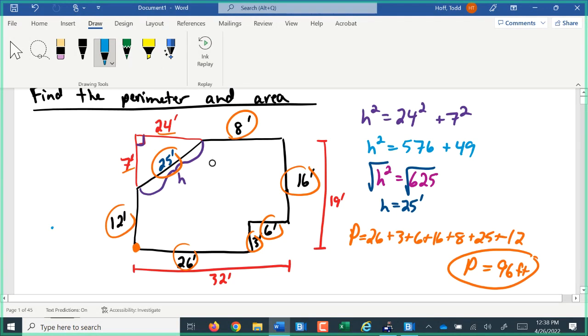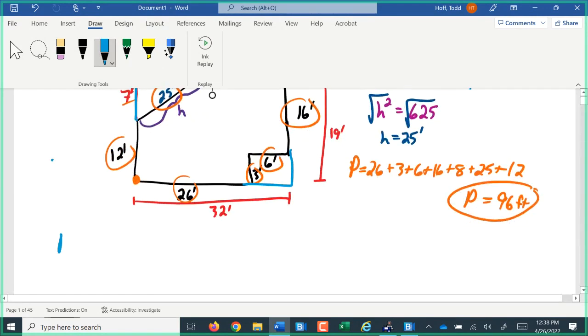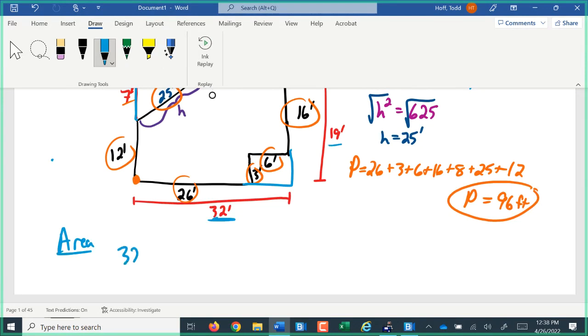For area, I'm going to do this. I'm going to fill that in and make one big block. The area of that big block is just these overall dimensions, 32 feet times 19 feet, which gives us 608 square feet.